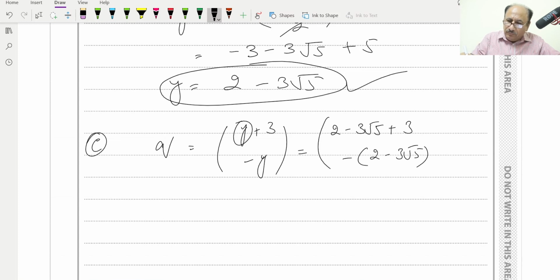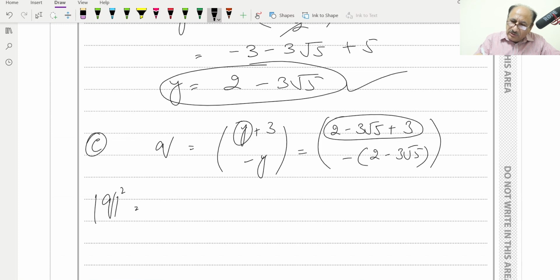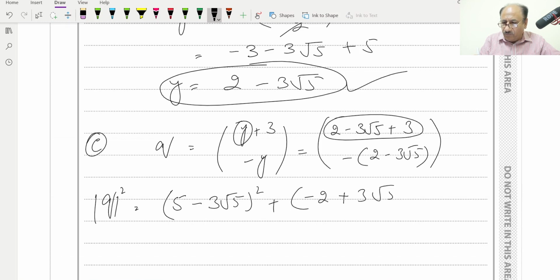This will be in a column, and q square will be equal to what? The mod of q squared will be equal to x square, which is this value squared, and this value is 3 plus 2 5, so I will write 5 minus 3 under root 5 squared, minus the lower one squared, which will be plus this one, minus 2 plus 3 under root 5 squared.